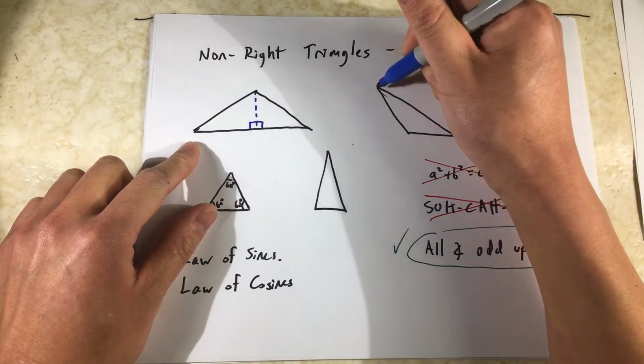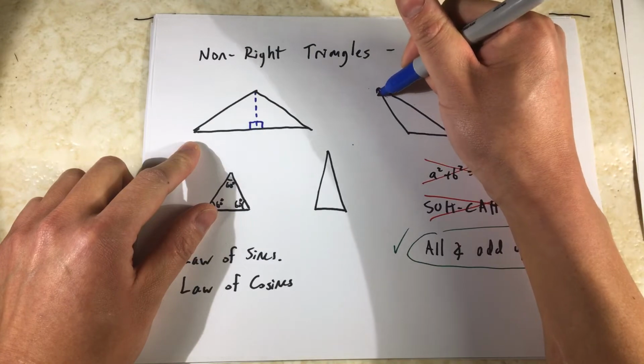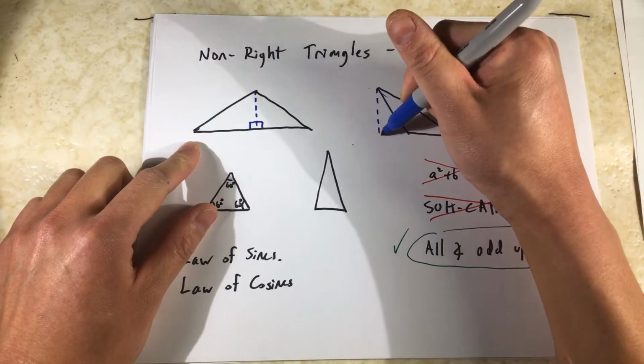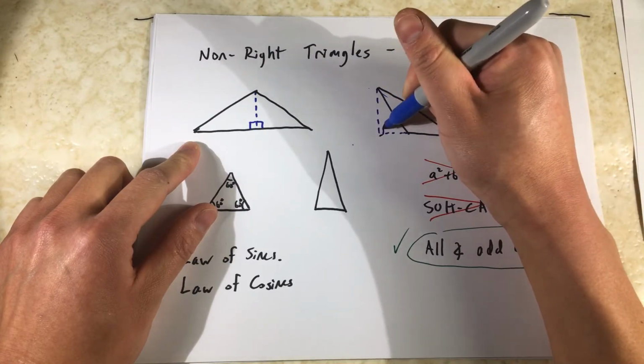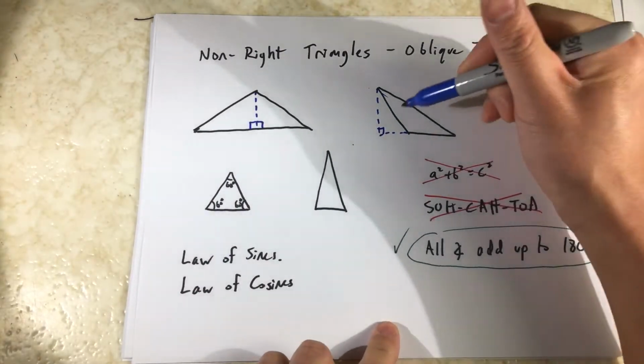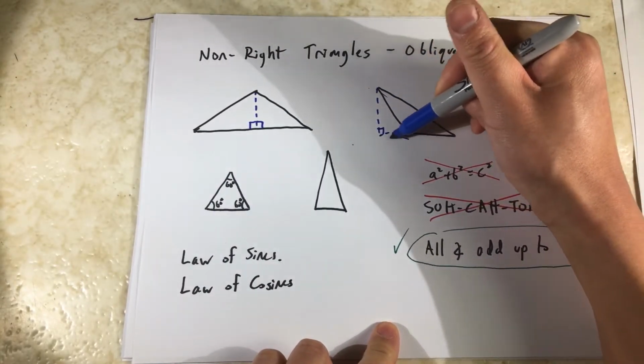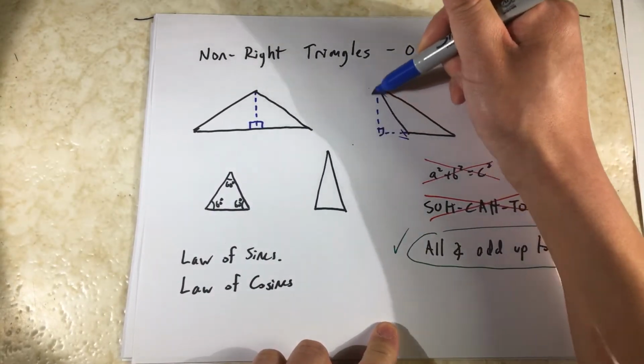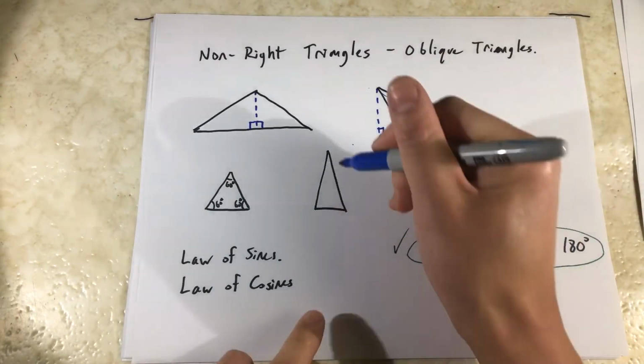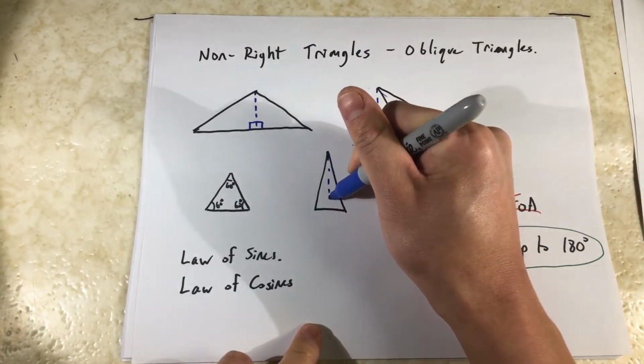Or if you have this one where the angle is going outside, you drop a line there, and again you can make two right triangles. You can see this one, and then this big one is another right triangle.